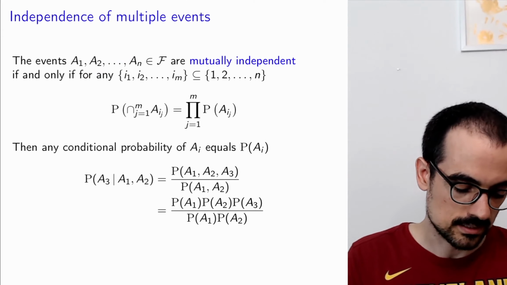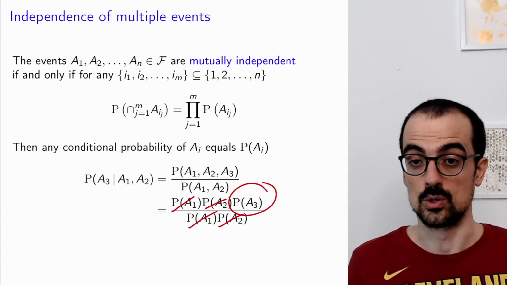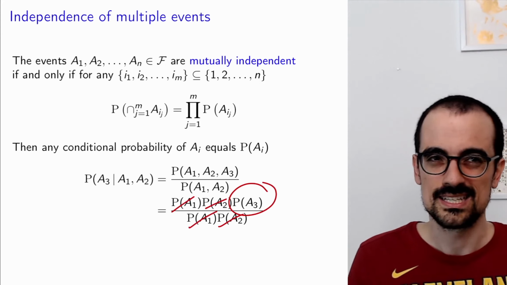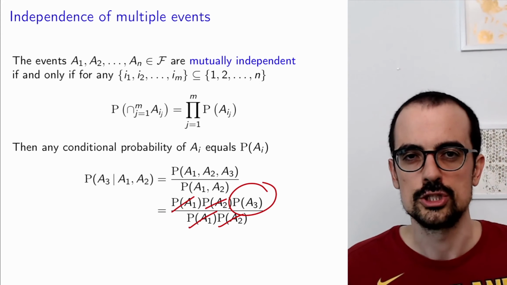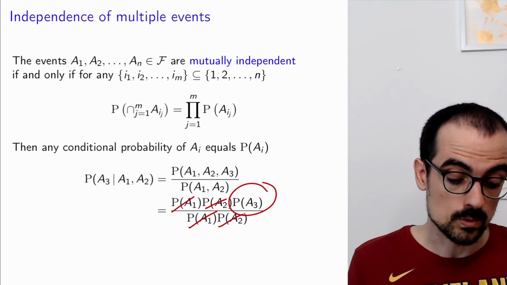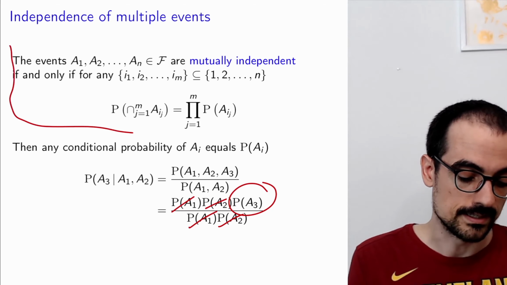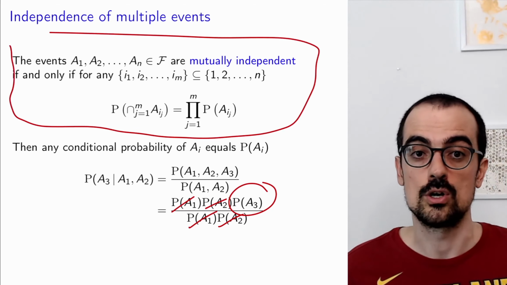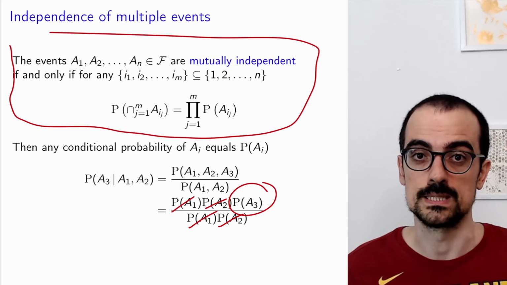And now we can just cancel them out, and we end up with the probability of A3. So what we said was a reasonable definition for what true independence should imply actually holds under this definition of mutual independence for multiple events.